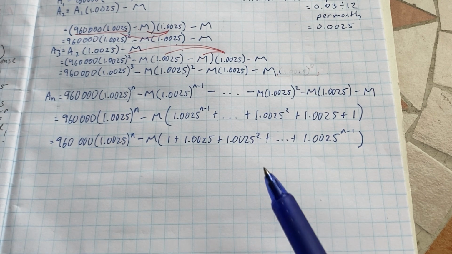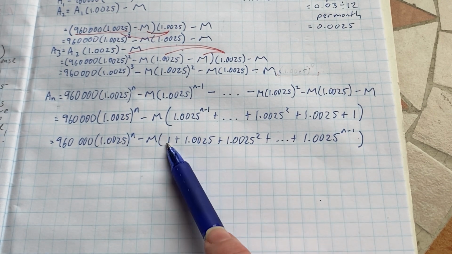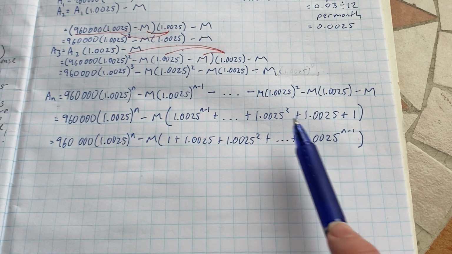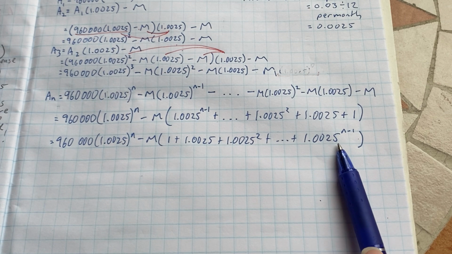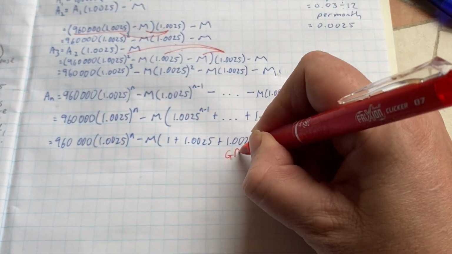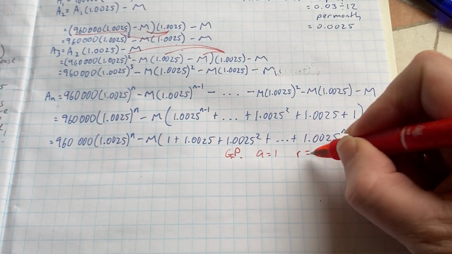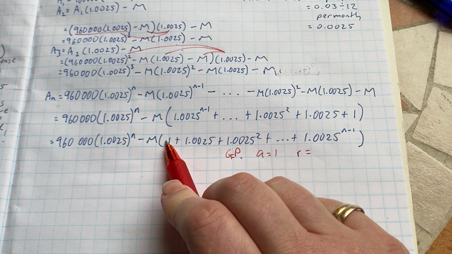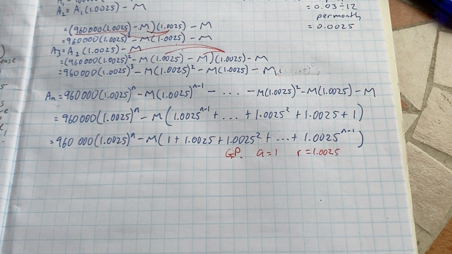Now, hopefully at this point, you're going to recognize this as a geometric series. It is a geometric series. These will always give you a geometric series. It's a GP, a equals 1, r is that divided by that, which is 1.0025 divided by 1.